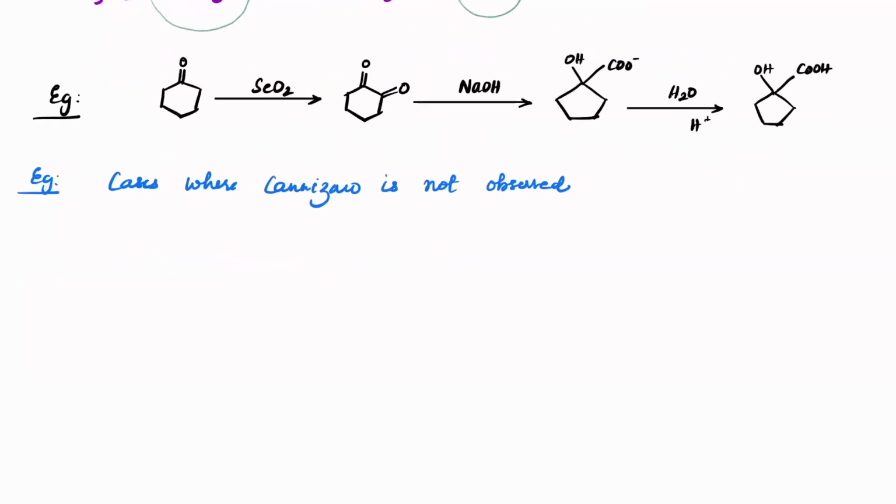First case: nitrogen with some methyl groups connected to benzene, with CHO. Although it is a benzaldehyde, still it will give no Cannizzaro test. Even if you have OH also, no Cannizzaro test is observed. Why is that? Because this group will become O minus and this is an extremely strong donating group. Here also is a very strong donating group. So for such strong donating groups, Cannizzaro is not observed.